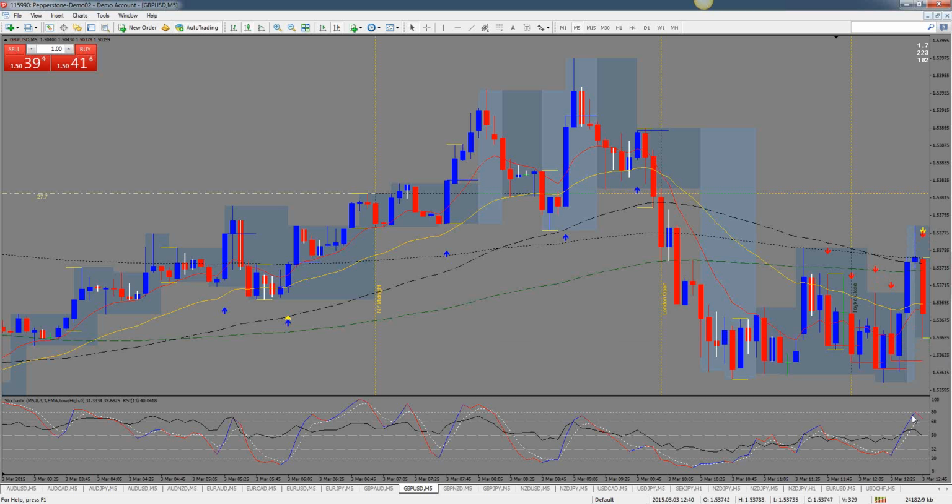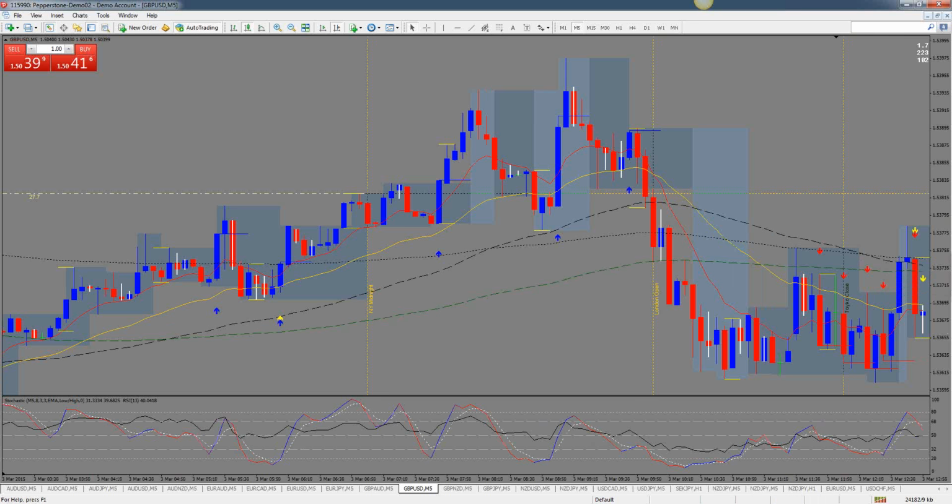If we get a break here, everything is in order. The only two moving averages that are upside down right now are my 90 and my 180, but I'm below my 200. It's a riskier trade, but I might be interested in it if it breaks. It didn't break. All right, I have an inside bar now.